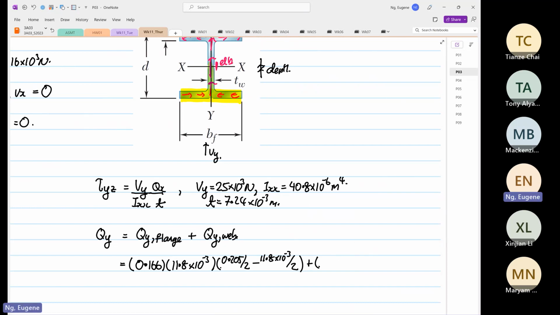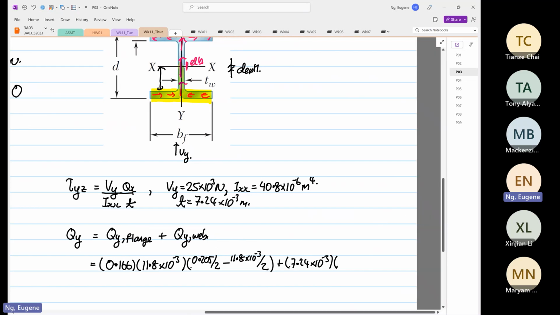So plus, the thickness of the web, the width, is 7.24. Now the depth is between here to here. So it's D divided by 2 minus the thickness of the flange.